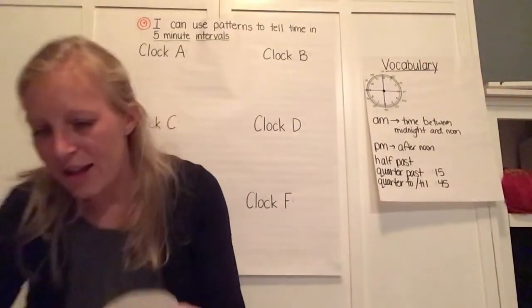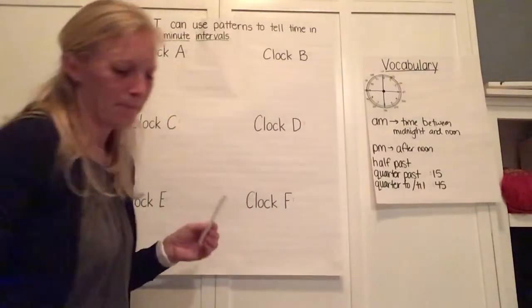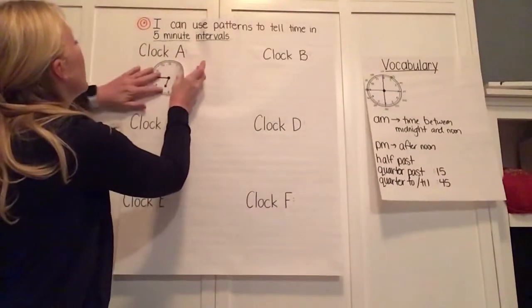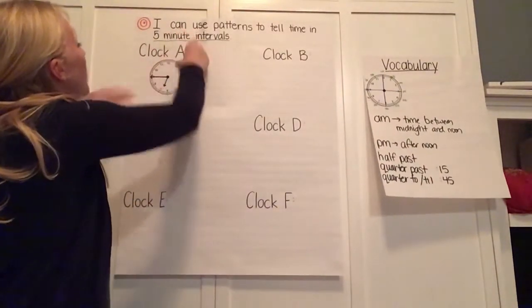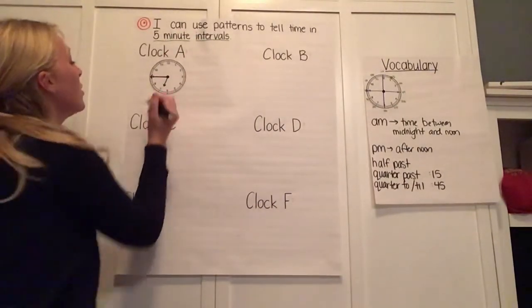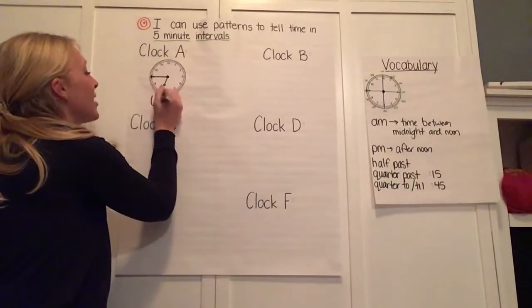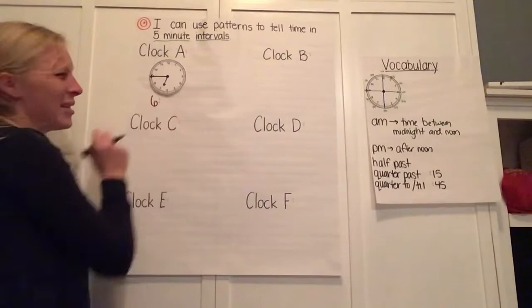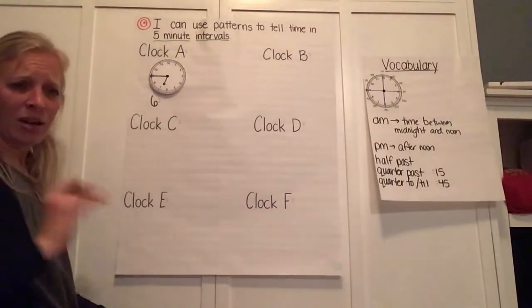Why do you say it's going to be the 6? Because it's not to the 7 yet. Okay. So our hour is going to be 6 because it's in between the 6 and the 7, but it's not to the 7 yet.